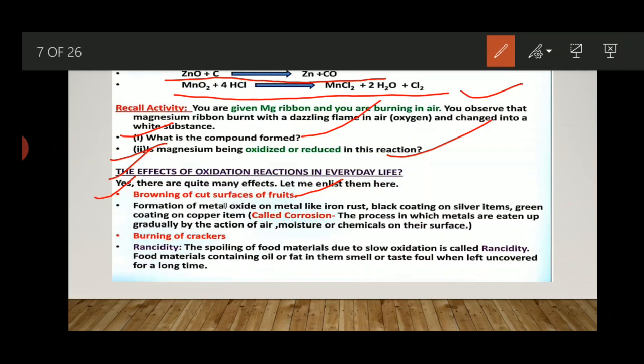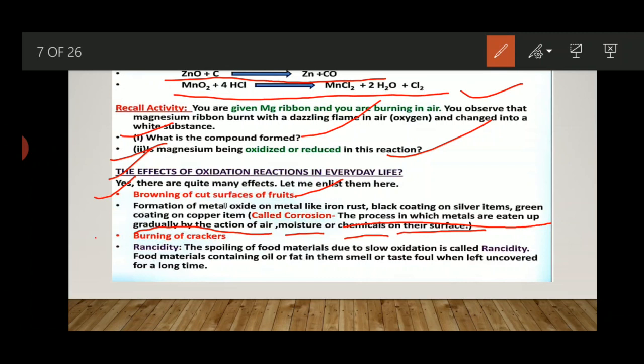Whenever metals come in contact with these things like air, water, several other gases, they undergo an oxidation process and immediately their color changes. So that type of change is known as corrosion. We can define corrosion like this: the process in which metals are eaten up gradually by the action of air, moisture and chemicals on the surface is known as corrosion. Corrosion is a very important topic, I already explained to you.